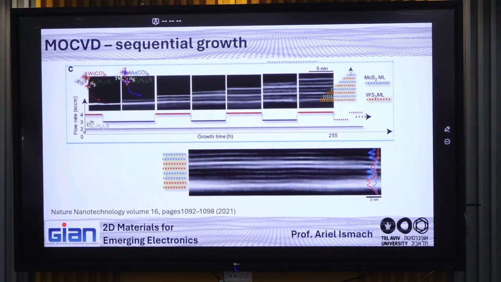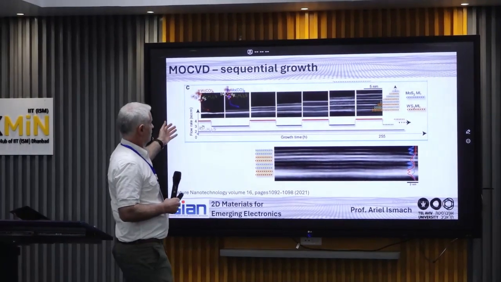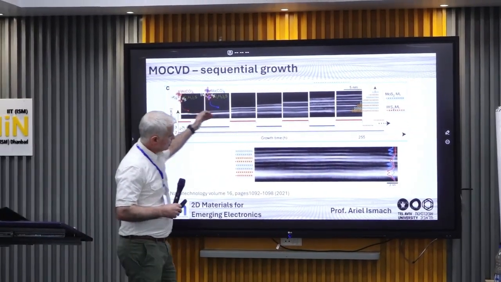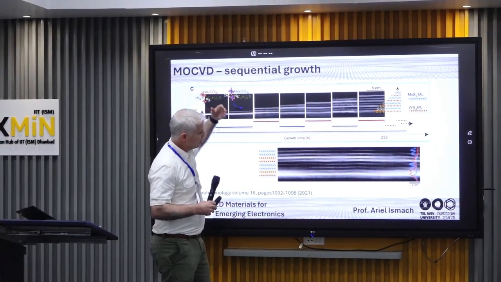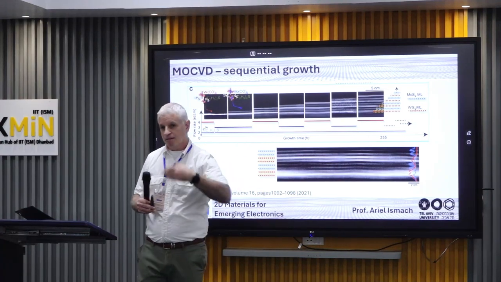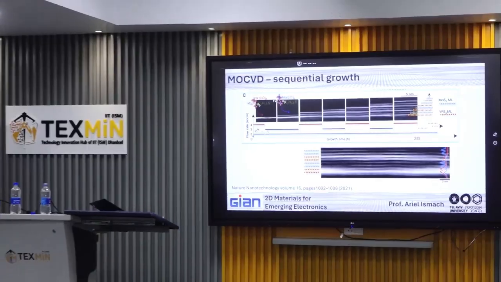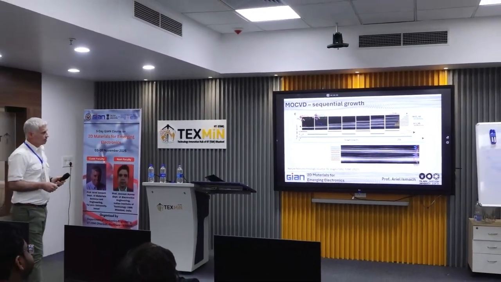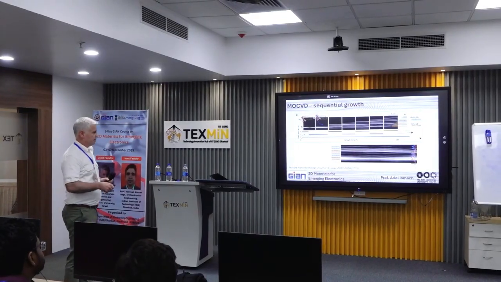First they grew a continuous layer of tungsten disulfide, exposing the tungsten carbonyl, then they grew the molybdenum disulfide, and they come back to the tungsten, and so on and so forth. This is not so easy to make, and there are a lot of issues with cross contamination.